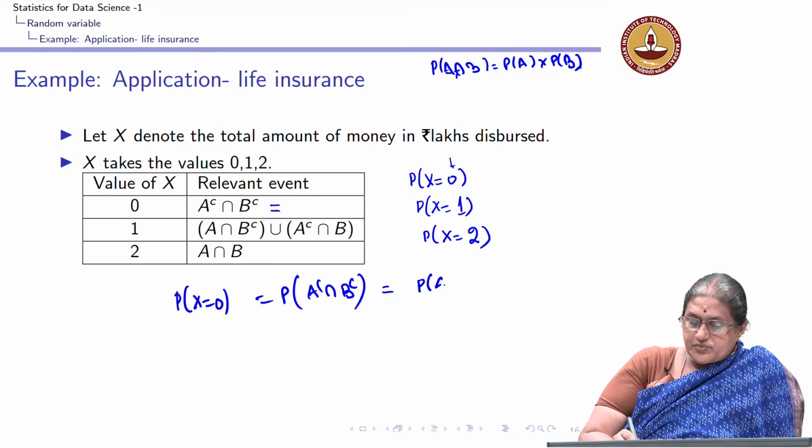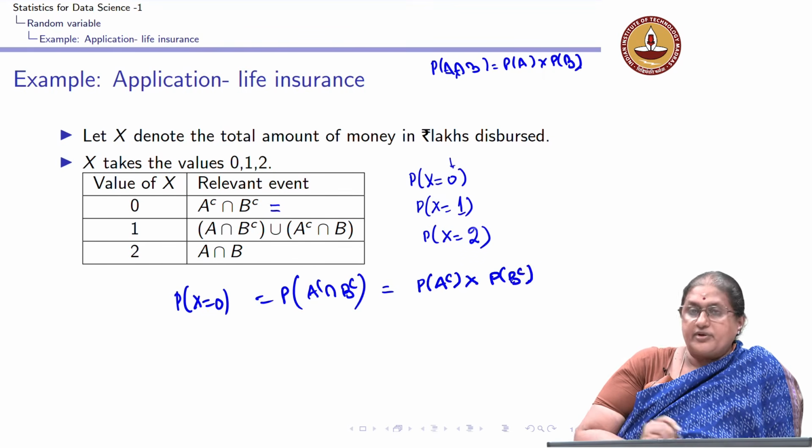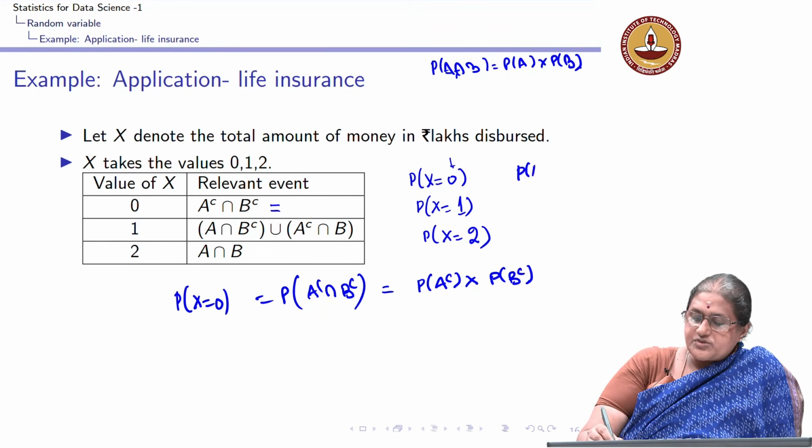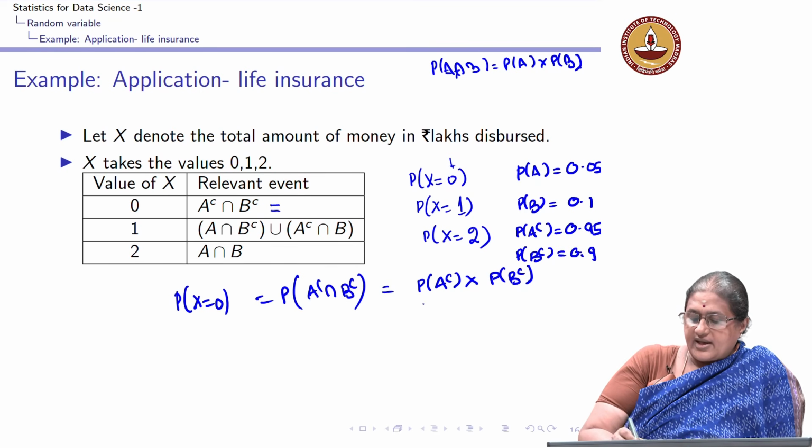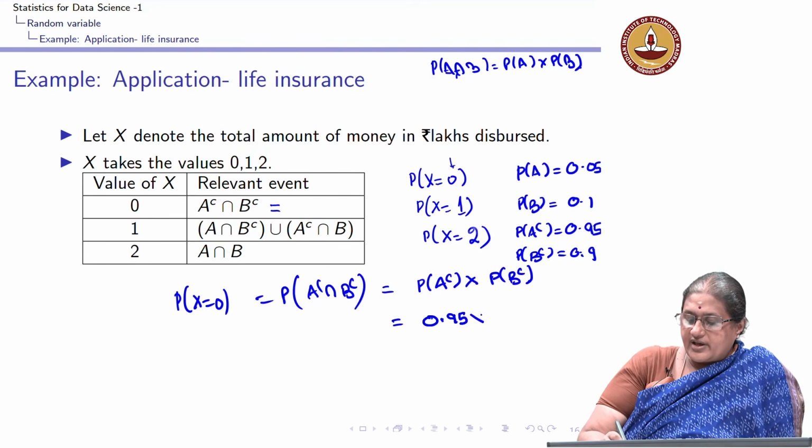So this is probability of A complement into probability of B complement. Given that probability of A is 0.05 and probability of B is 0.1, probability of A complement is 0.95 and probability of B complement is 0.9.